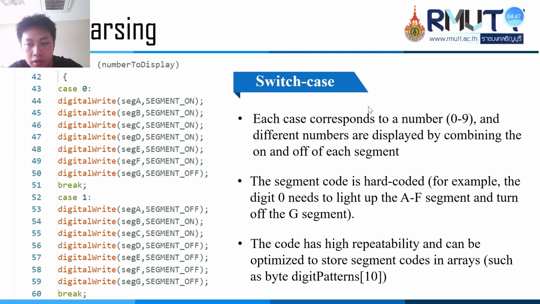For example, digit 0 needs to light up segments A to F and turn off segment G. The code has high repetition and can be optimized by storing segment codes in an array, such as a byte array.